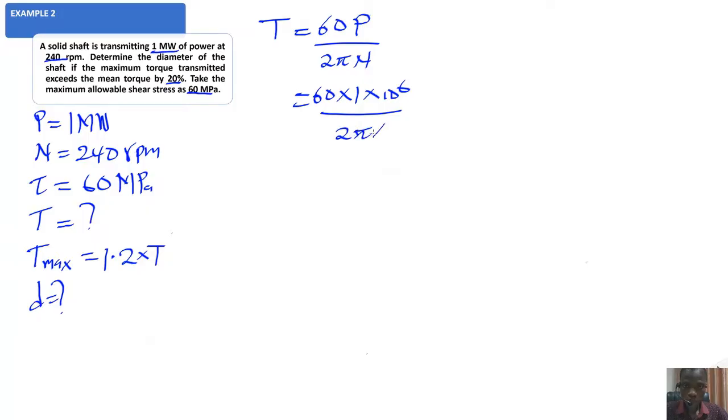So from here, we can say that the torque T is equal to 60P divided by 2 pi n, and this will give us 60 times 1 times 10 exponent 6 divided by 2 pi times 240 rpm.